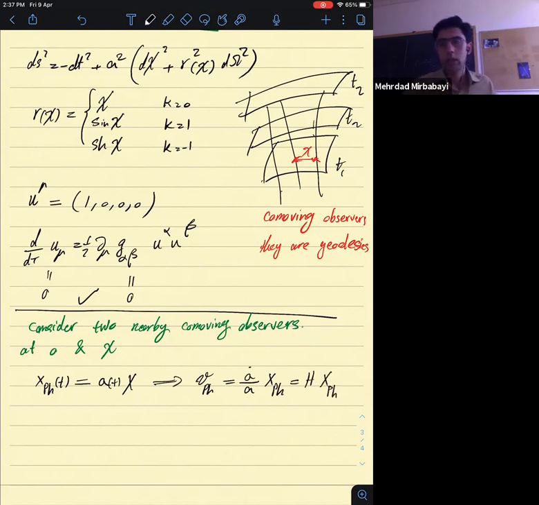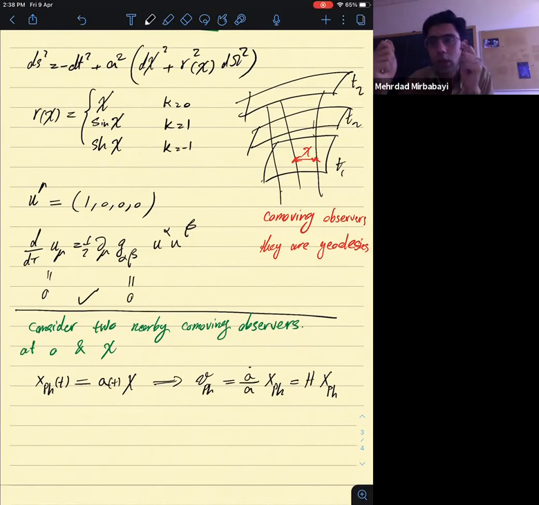So the velocity that I measure for other co-moving observers is proportional to the distance to those co-moving observers. And this is called the Hubble Law. Of course, I was doing it only when they are infinitesimally close to each other. So eventually this computation becomes meaningless.